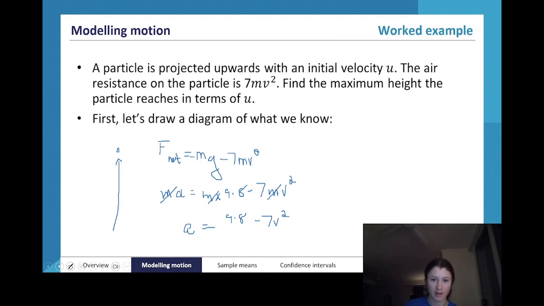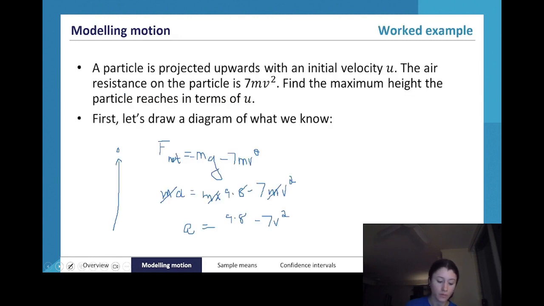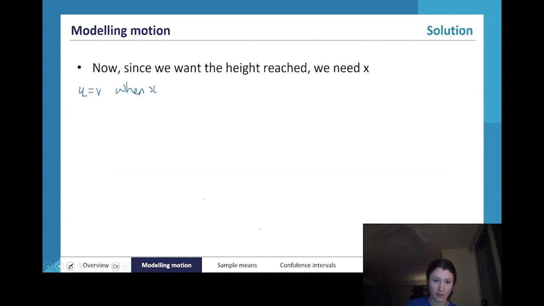Because that is our initial velocity. So we can put this into our formula now. We know from there that our c value is going to be 1 over 14 ln of 9.8 plus 7u squared.